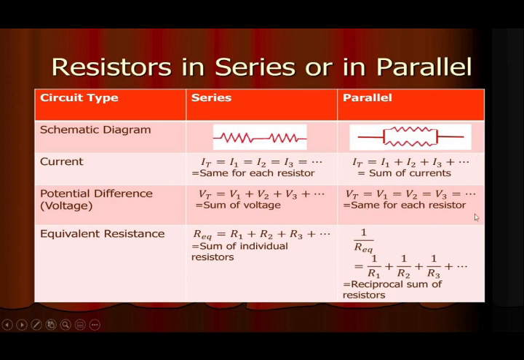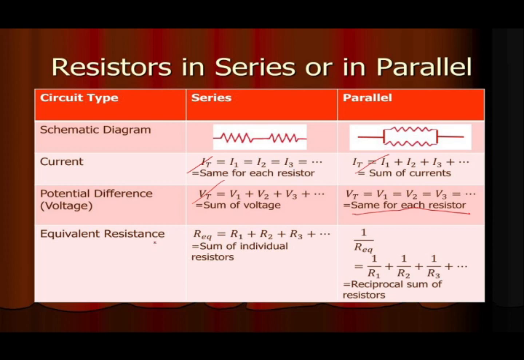For the current in series, it is the same for each resistor, whereas if connected in parallel, the sum of the currents is I total equals I1 plus I2 plus I3. For the voltage in series, V total is equal to V1 plus V2 plus V3 and so on. Whereas for voltage connected in parallel, it is the same for each resistor.